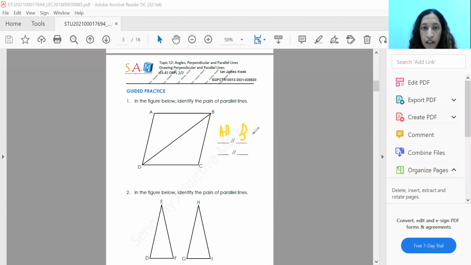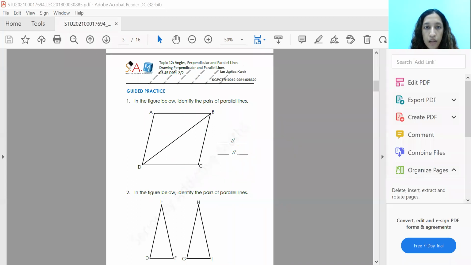Okay, they do not meet and they're of the same distance apart. AD is parallel to BC. And what about AB is parallel to DC? There we go. Very straightforward.